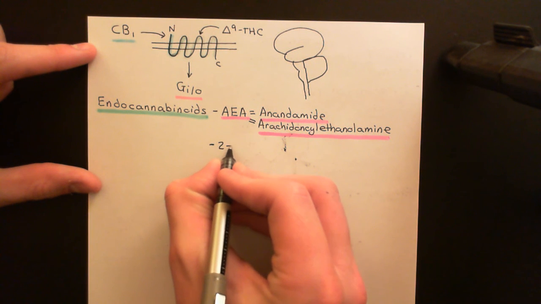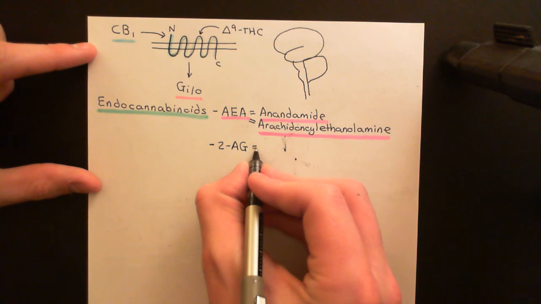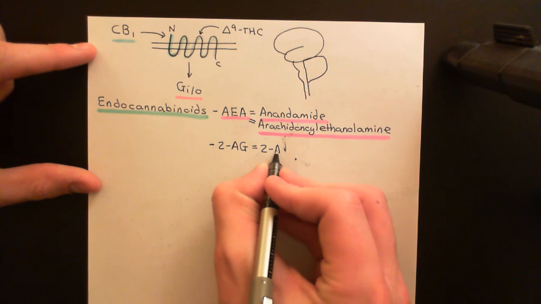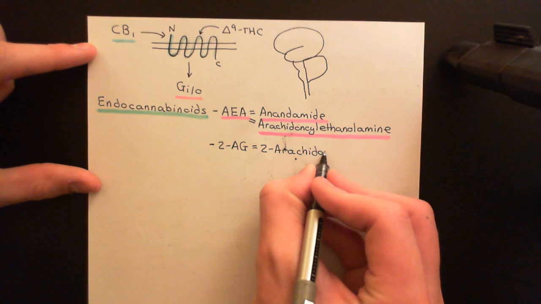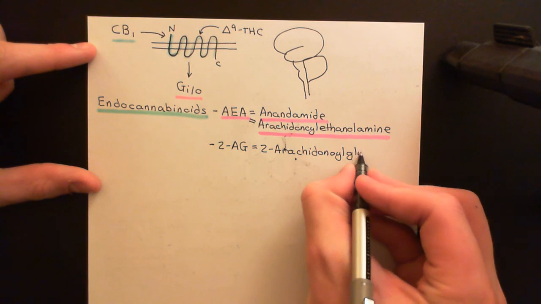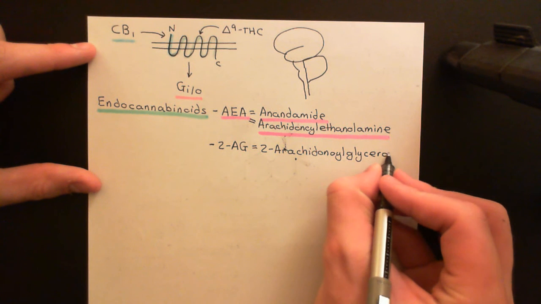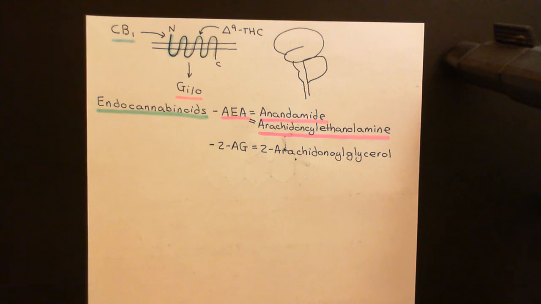And another endocannabinoid is 2-arachidonoyl glycerol, denoted 2-AG. So in full, the name for this is 2-arachidonoyl once again, so it's another derivative of arachidonic acid, and then this time, instead of being bound to ethanolamine, it's bound to glycerol, specifically the second alcohol group of a glycerol molecule.